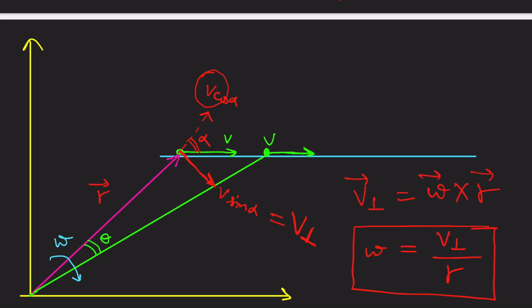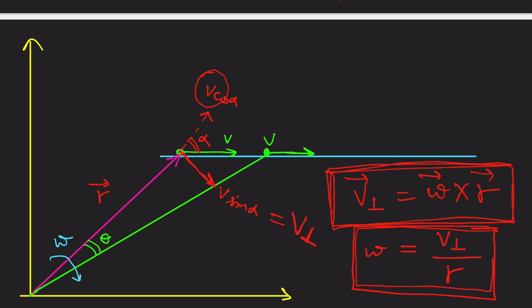For direction, this relationship will give us the direction, if it is needed. This is the important relationship that we have to keep in mind to find out the angular velocity in a general situation when the particle is moving on a general curve.